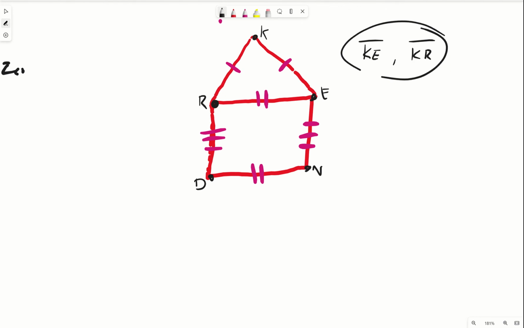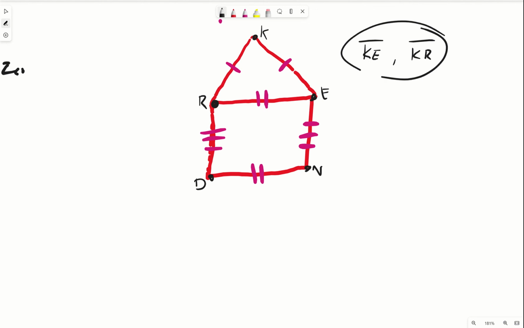Write them as like 1 line segment, comma, another line segment, and then actually just select the ones that are congruent. There will be 2 correct answers of congruent line segments. So choose the ones that are both congruent, and we will be good.